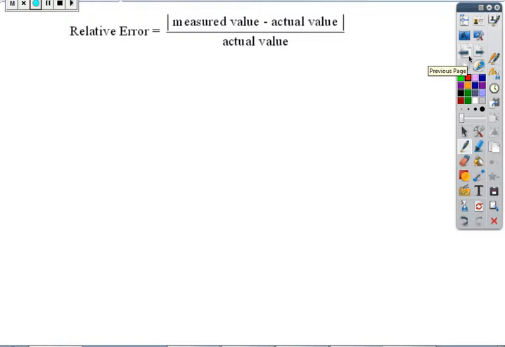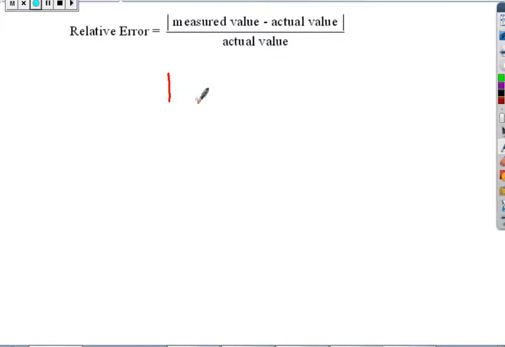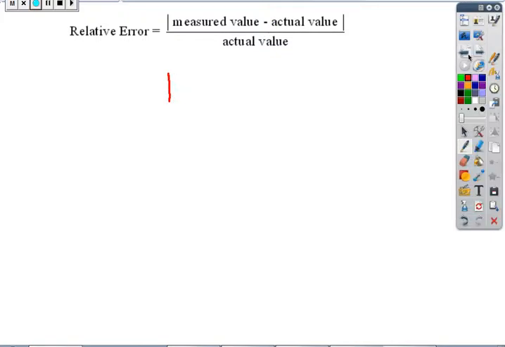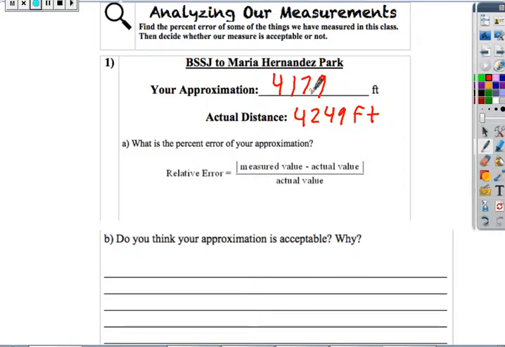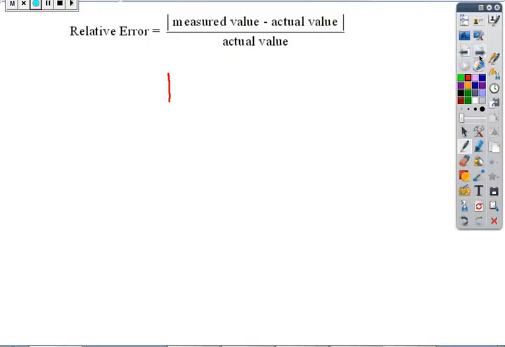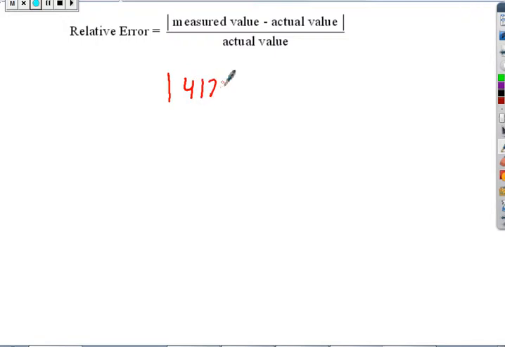Here's our formula. Let's start substituting. Our measured value was 4,179 feet, so we put that in, minus the actual value.